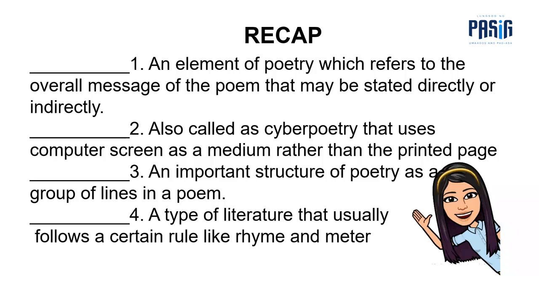Number 3. An important structure of poetry as a group of lines in a poem. And number 4, a type of literature that usually follows a certain rule like rhyme and meter. Write your answer on your notebook. Again, you may pause the video for you to answer.